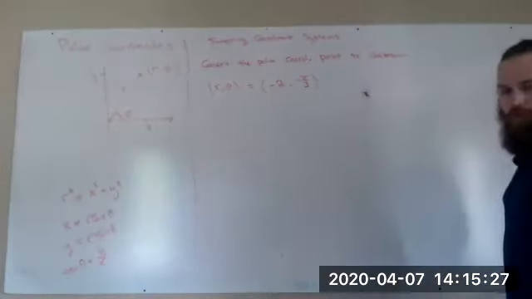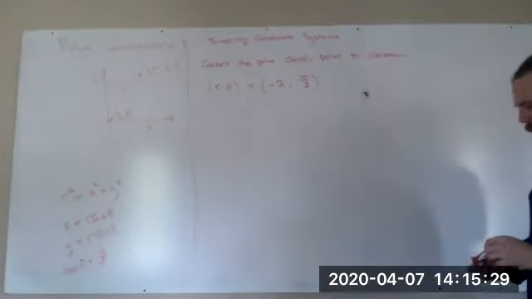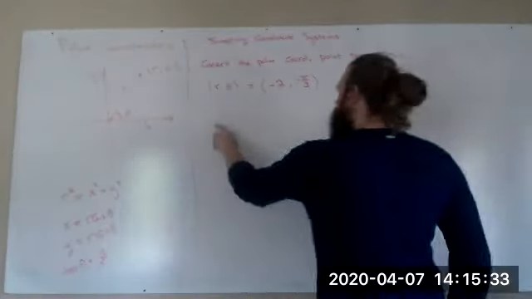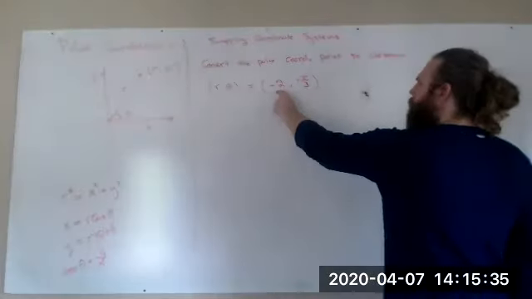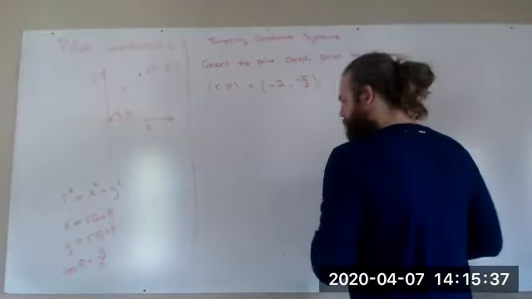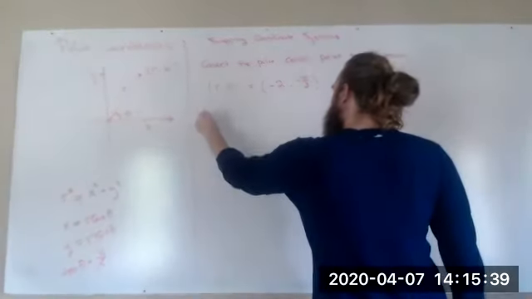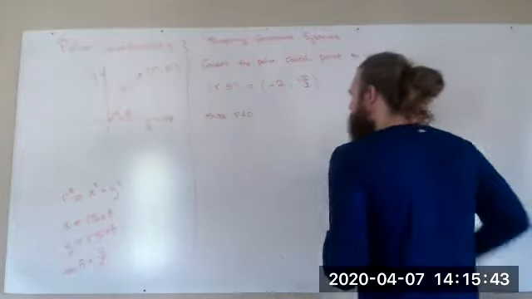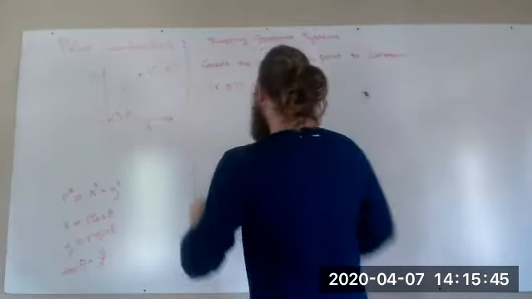So just like when I'm going from Cartesian to polar, the first thing I should do is plot the point. When I'm going from polar to Cartesian, the first thing I should do is plot the point. But how do I plot a polar point whose radius is negative? So first, let me be clear. Let's graph it.